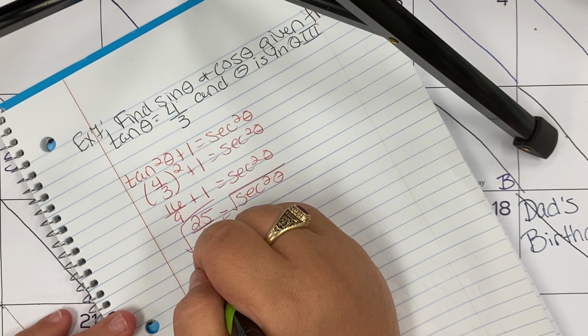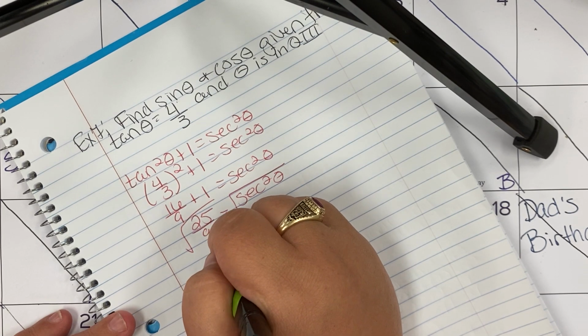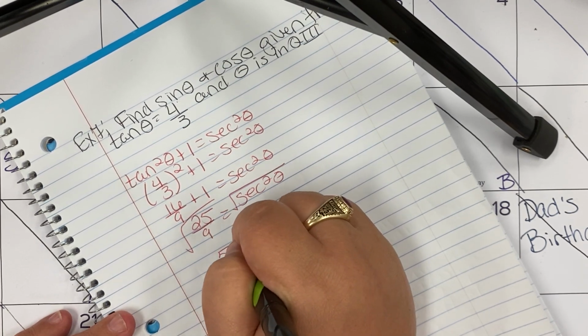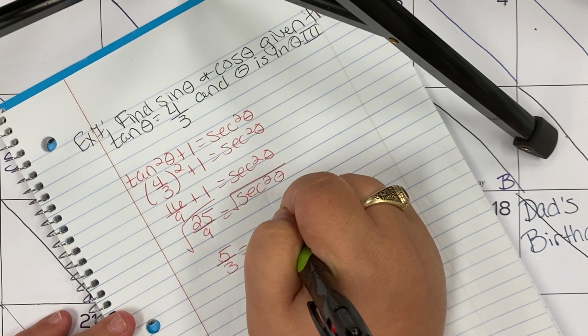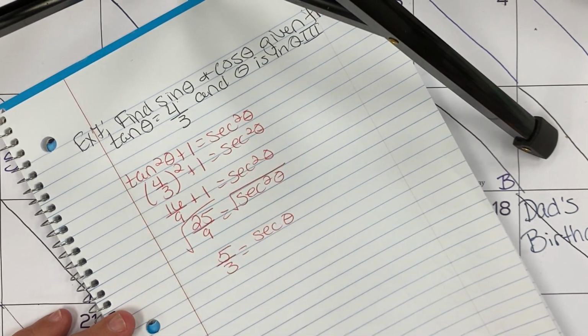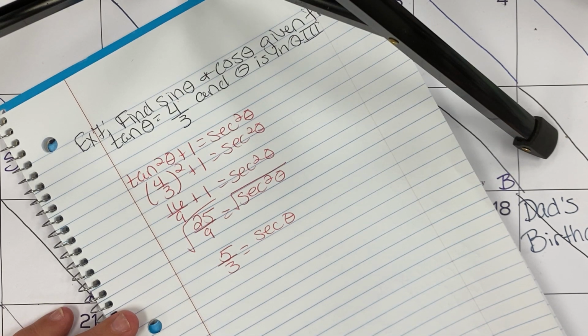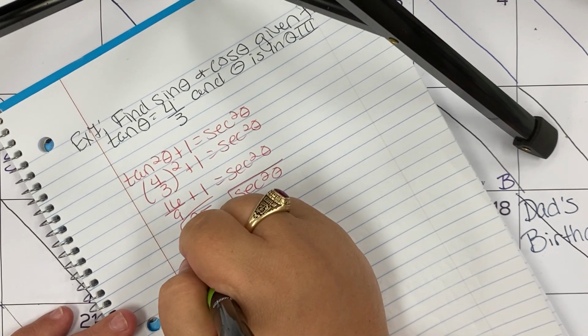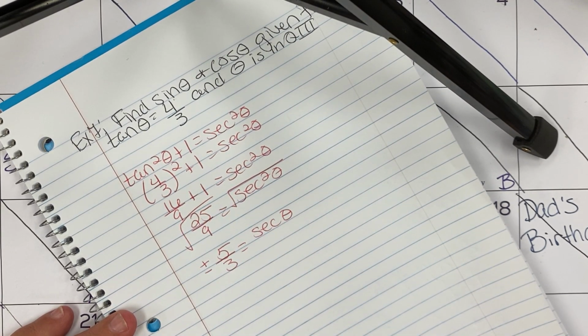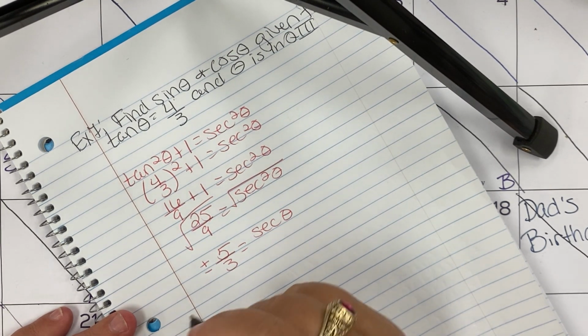And I'll end up with 5/3 equaling secant theta. Now, theta is in quadrant 3, and secant is negative in quadrant 3. So we had that chance of it being positive or negative because we took the square root.